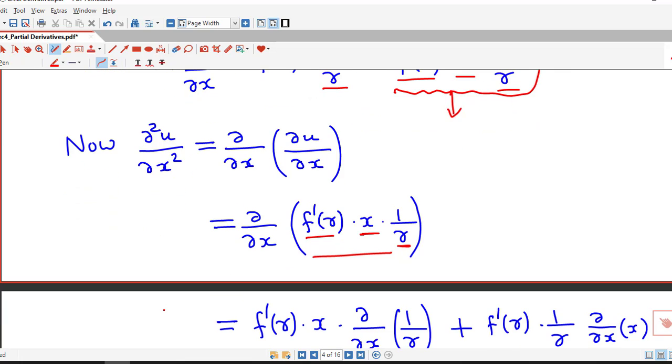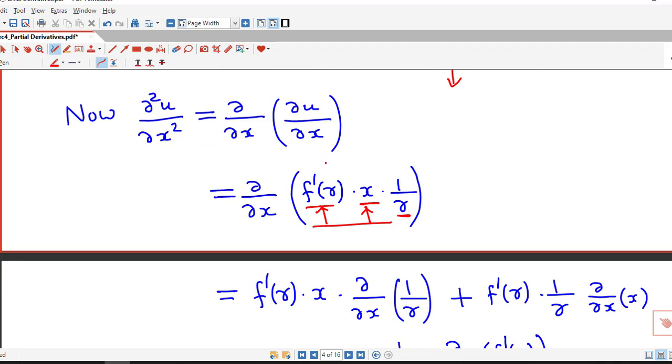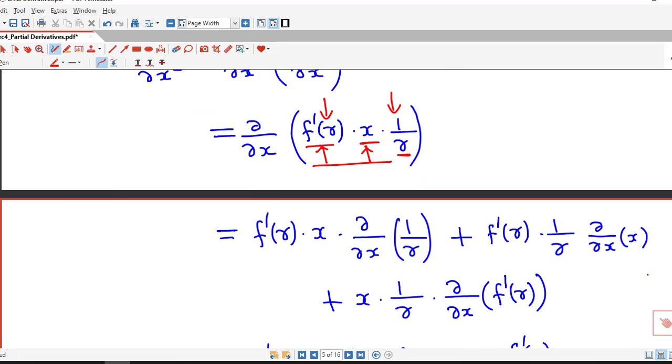So first we consider these 2 functions as they are, into the partial derivative of 1 by r with respect to x. Then we consider f dash r and 1 by r as they are and we differentiate x. And then we consider x and 1 by r as they are and we take the derivative of f dash r.